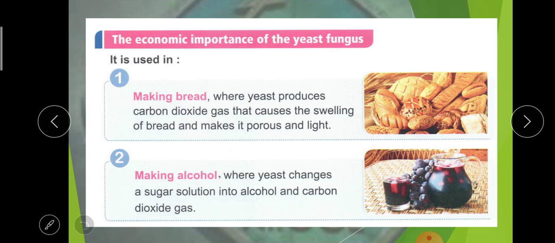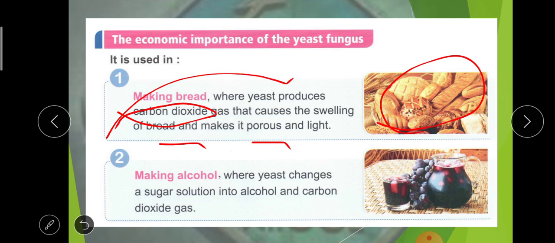Because it produces carbon dioxide gas, which causes the swelling of the bread and makes it porous and light. Porous means it has small spaces inside it, which come from the carbon dioxide gas.